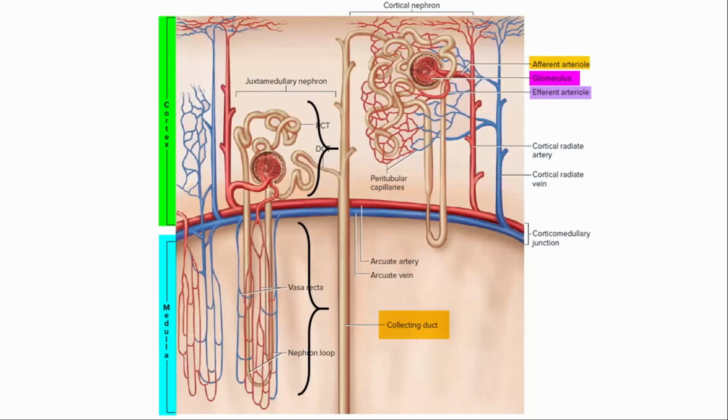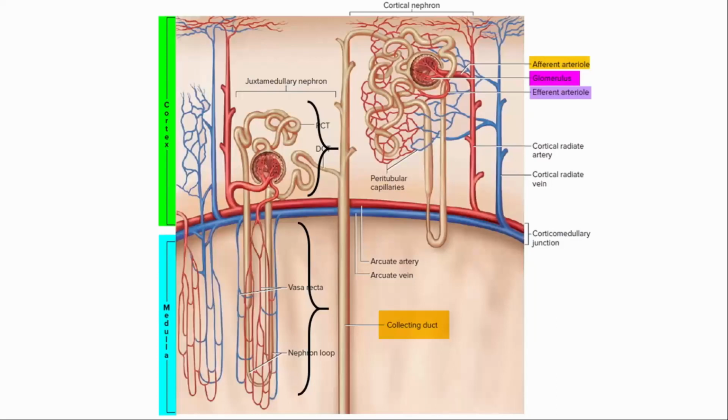So the ones that are near the medulla are called juxtamedullary, meaning that they are neighbors of the medulla.